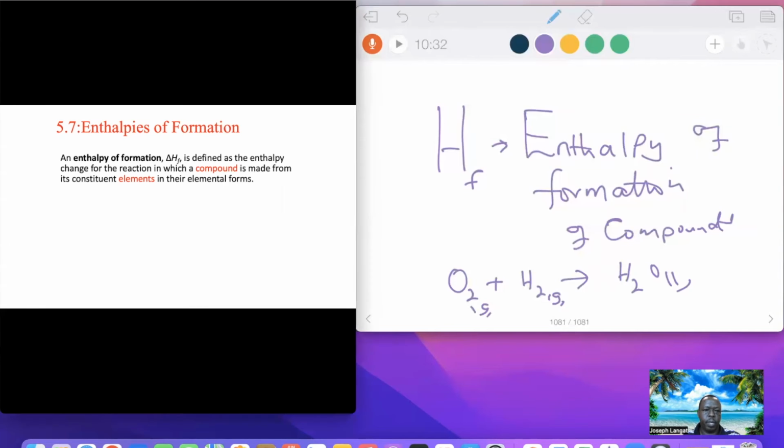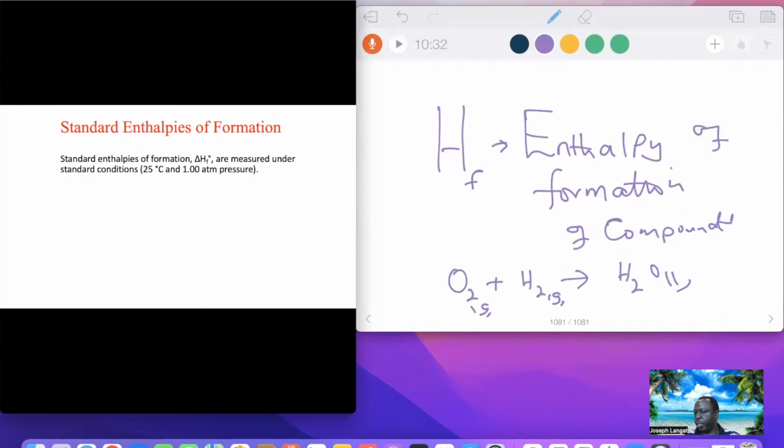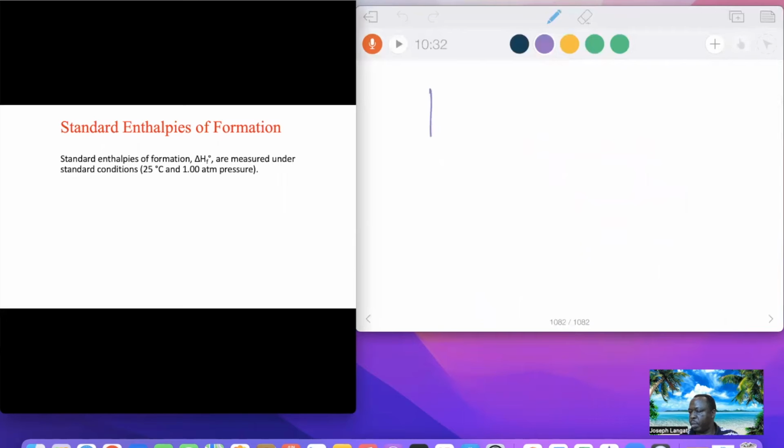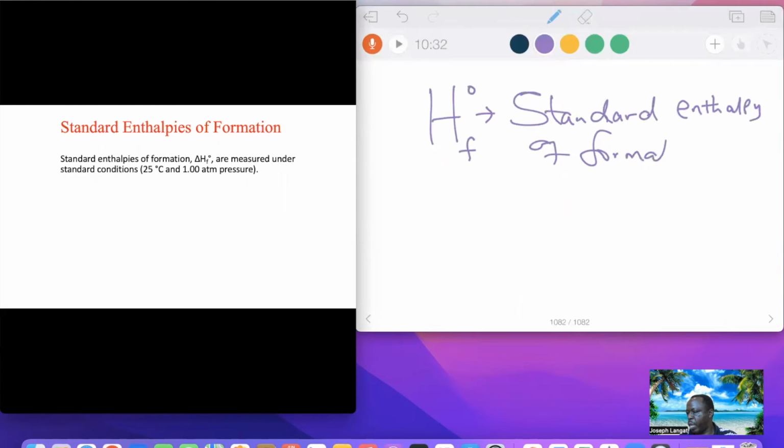We can determine the enthalpy of formation for that. There are some tabulated values for that. We call it standard enthalpy. Look at this subscript right here. This means standard. You read this as the standard enthalpy of formation.